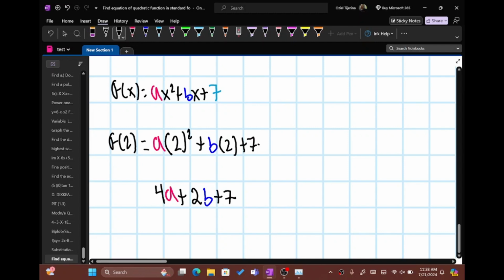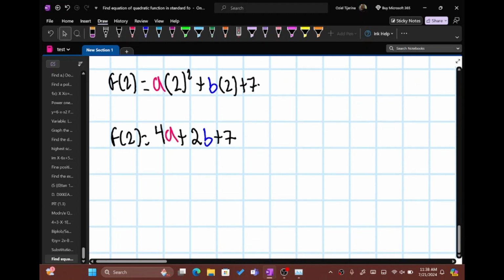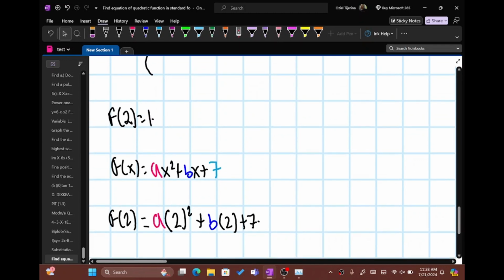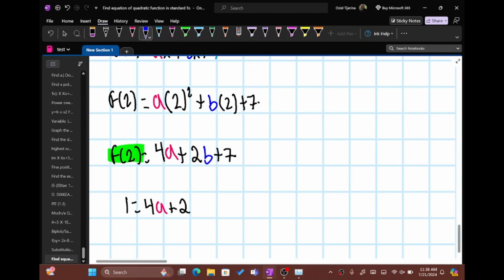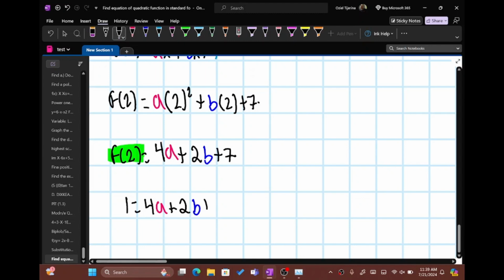And so here we're going to do f of 2 is equal to this. And f of 2, like I said, we know what f of 2 is. f of 2 is 1. So put 1 in for that. So 1 is equal to 4a plus 2b plus 7.